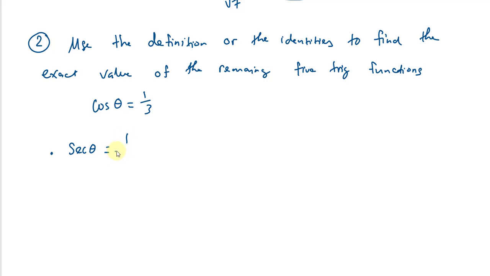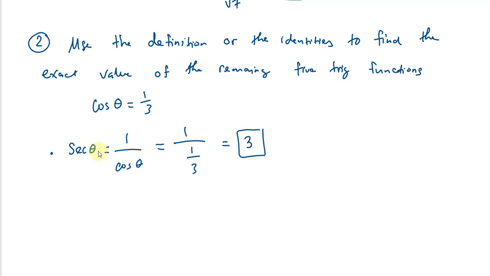So secant is 1 over cosine. So we can find that 1 over 1/3. So secant is equal to 3. Okay.